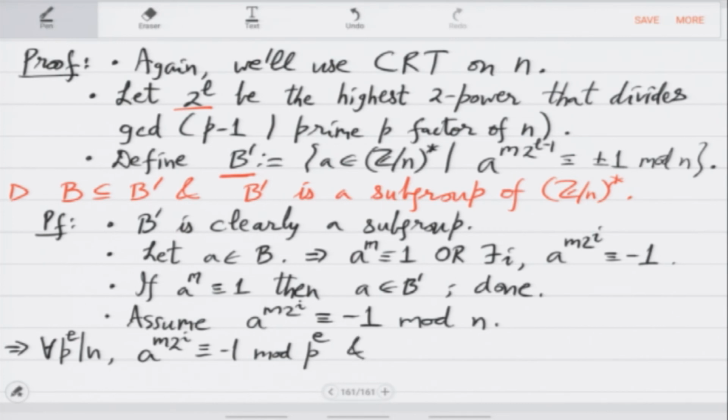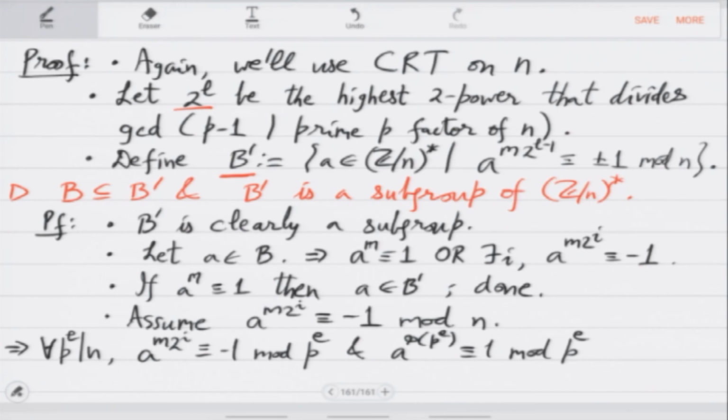So you know that A raised to phi P raised to E is 1 mod P raised to E, right?